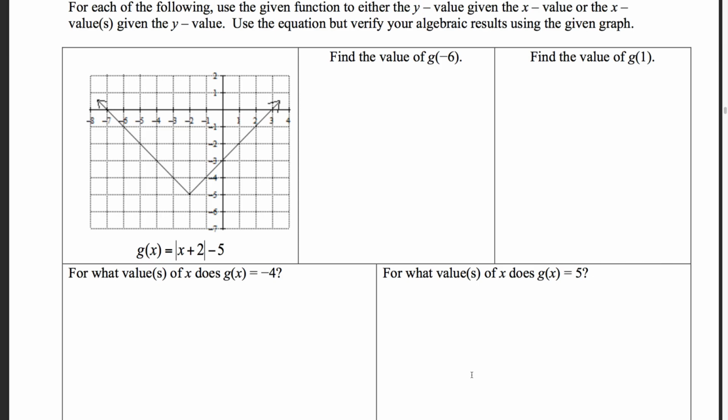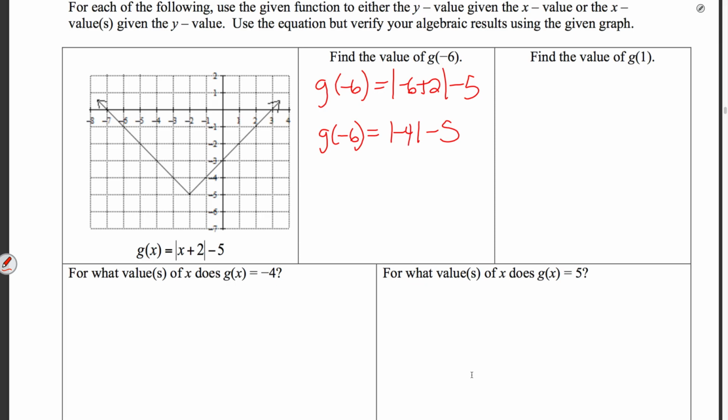Graphically, numerically, analytically. We want to tie all three things together, right? We don't have to know the equation to find this answer because we have the graph. Now, we want to check ourselves and use the equation anyway. So g of negative 6 is equal to the absolute value of negative 4 minus 5, right?